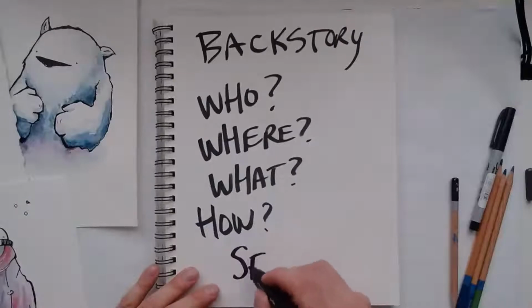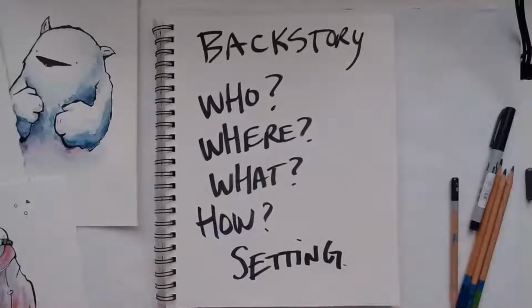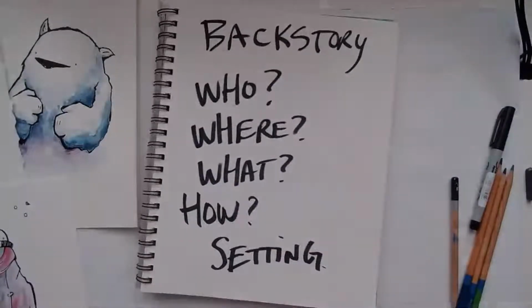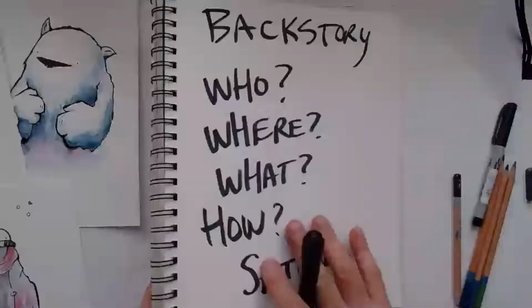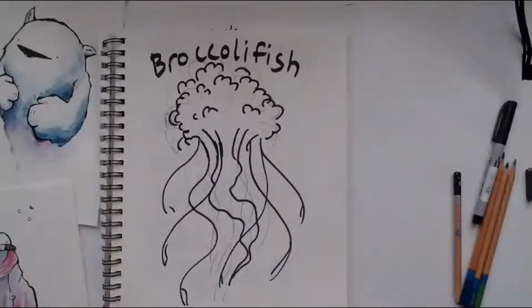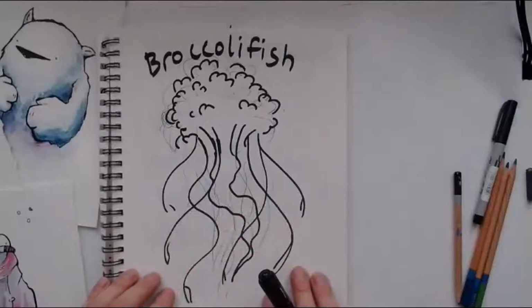Maybe like, yeah. So think a little bit more about their setting and what their everyday world or life kind of looks like. So if you answer these questions a little bit, you can think, okay, my jellyfish creature has broccoli, and just by seeing that it's a fish type creature, you can read from that, okay, this clearly lives in the water.